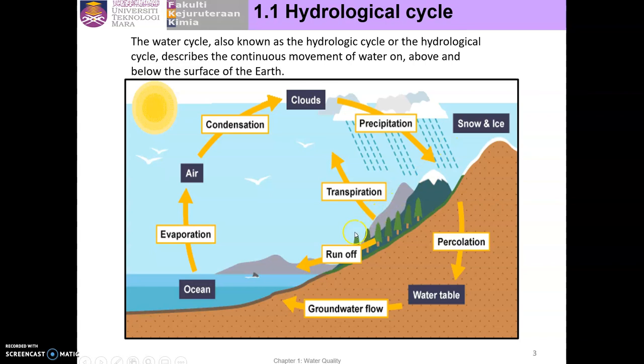From here, also akan berlaku transpiration, okay, from the trees. This is hydrological cycle, okay, the water cycle. Describe the continuous movement of water, which is some either on, above, and also below the surface of the earth. Okay, how water can remain in our ecosystem.